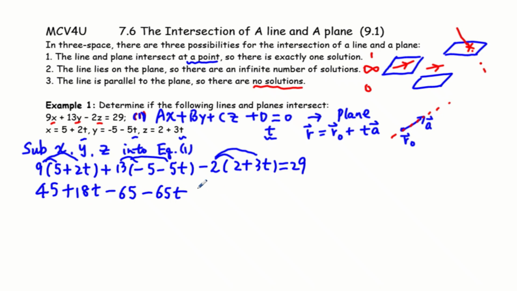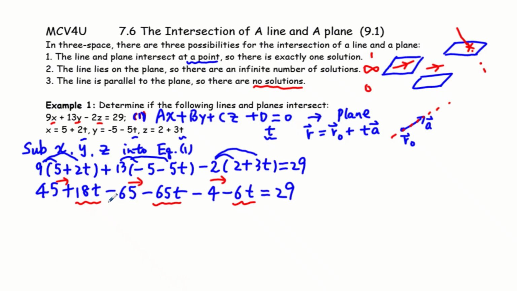Minus 2 times 2 is negative 4, then minus 6t equals 29. Then we are going to collect the like terms, put all the t together, and move all the other numbers to the other side.